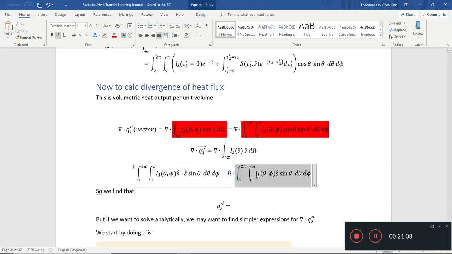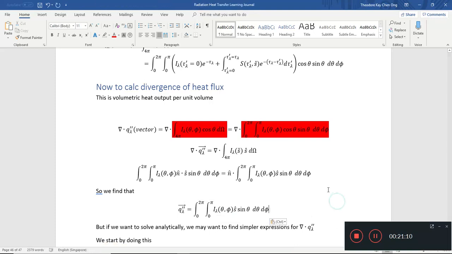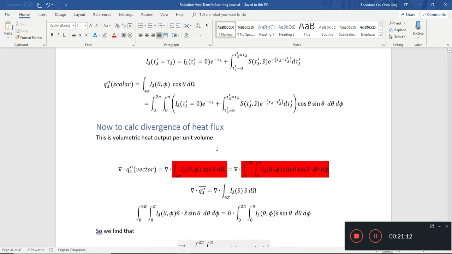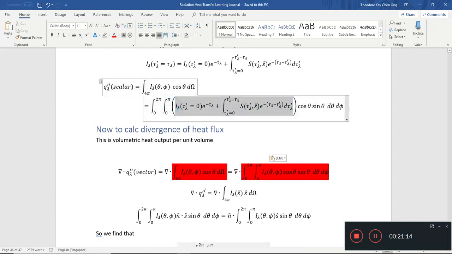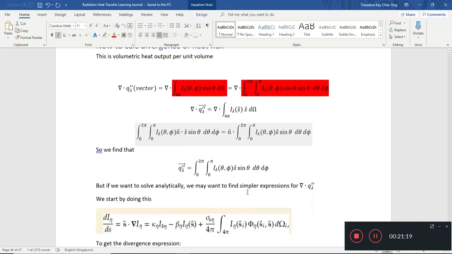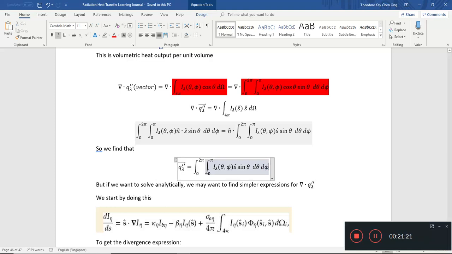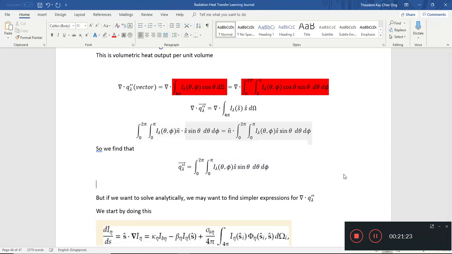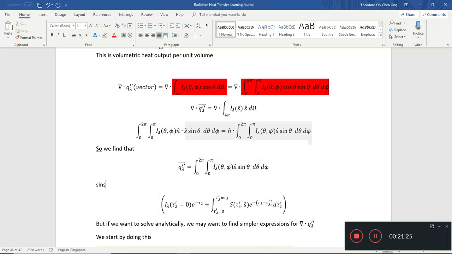This is just to clear up all the confusion that was there before. Yep, and then we can just substitute this whole thing here into the expression for intensity.